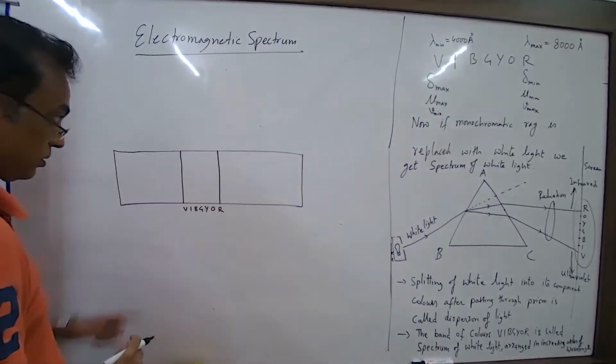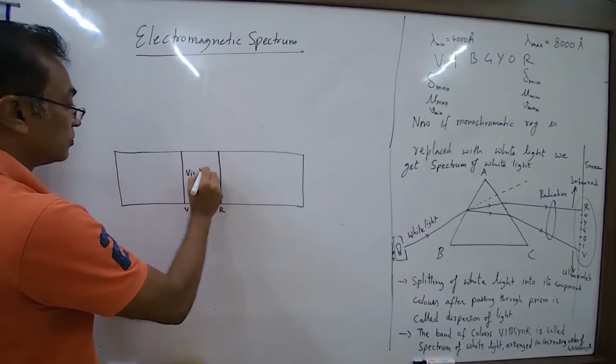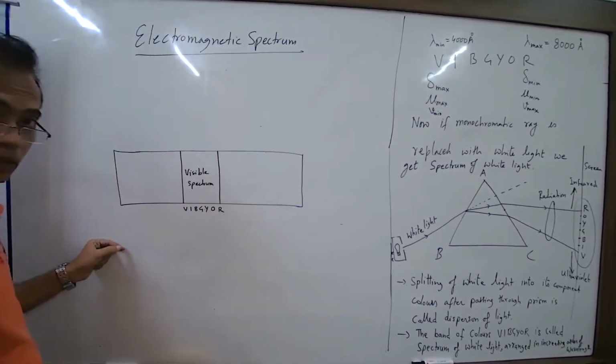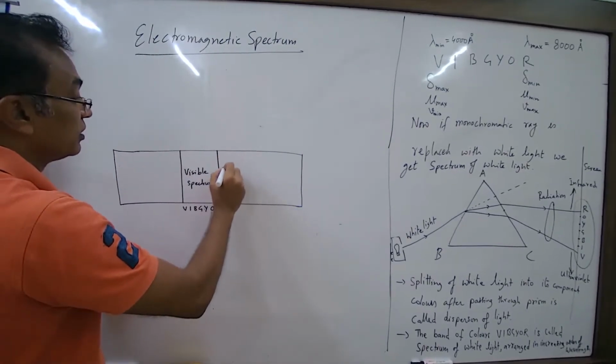So this is called the visible spectrum. Now there are other spectrums. Here you have infrared.